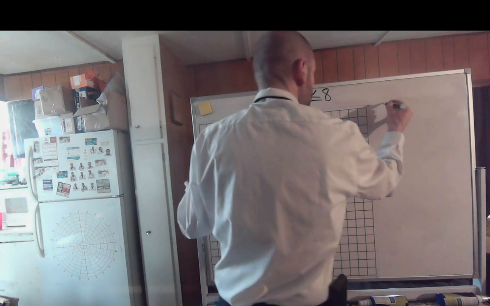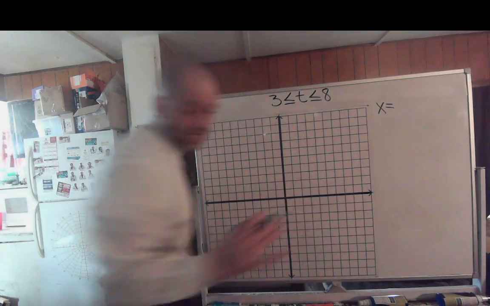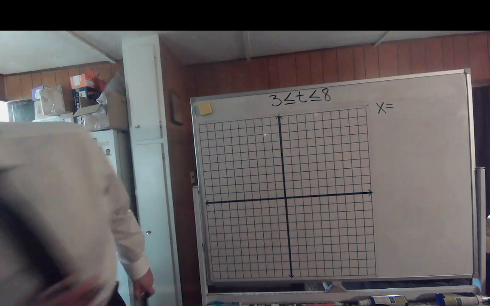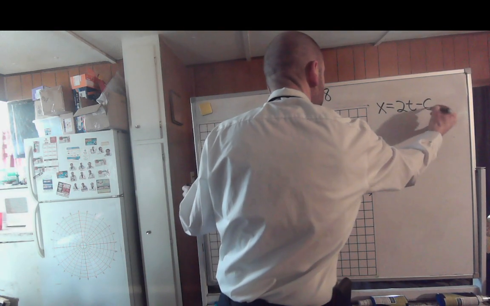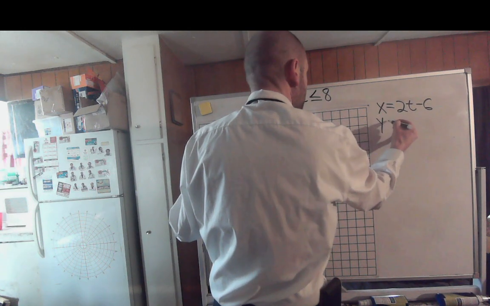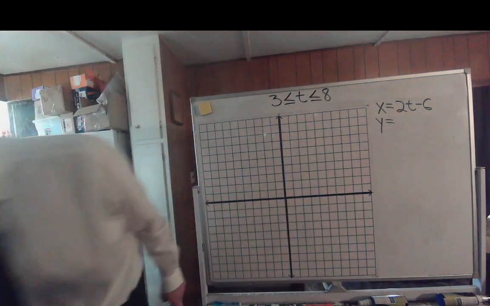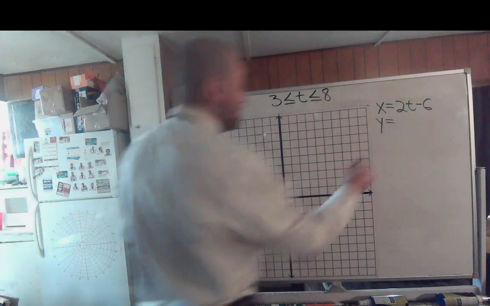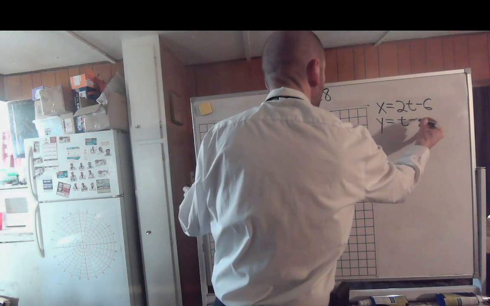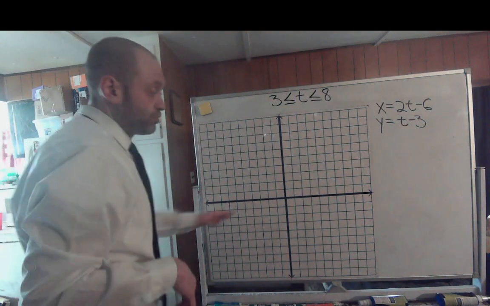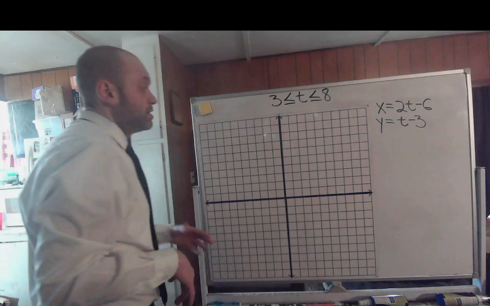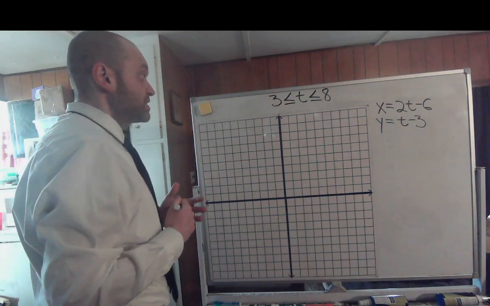And x changes based on the parameter for t of 2t minus 6. Y changes based on the parameter of t minus 3. Well, good news is we can probably make each unit worth 1, but let's go ahead here.